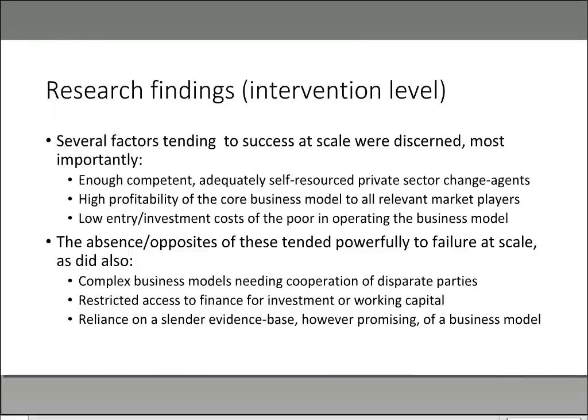And then there's the low entry investment costs, particularly in operating the business model. And then other factors were associated with failure at scale: complex business models, restricted access to finance, and reliance on a slender evidence base.